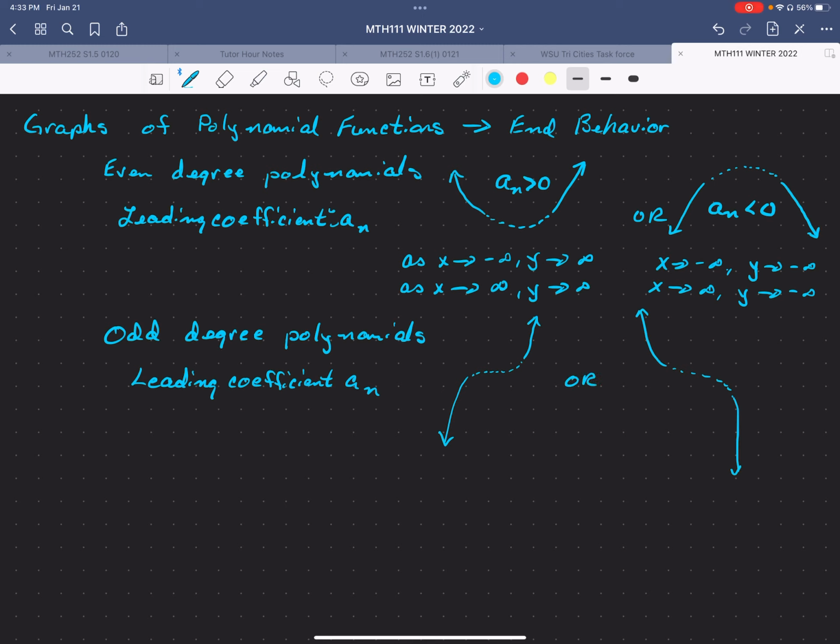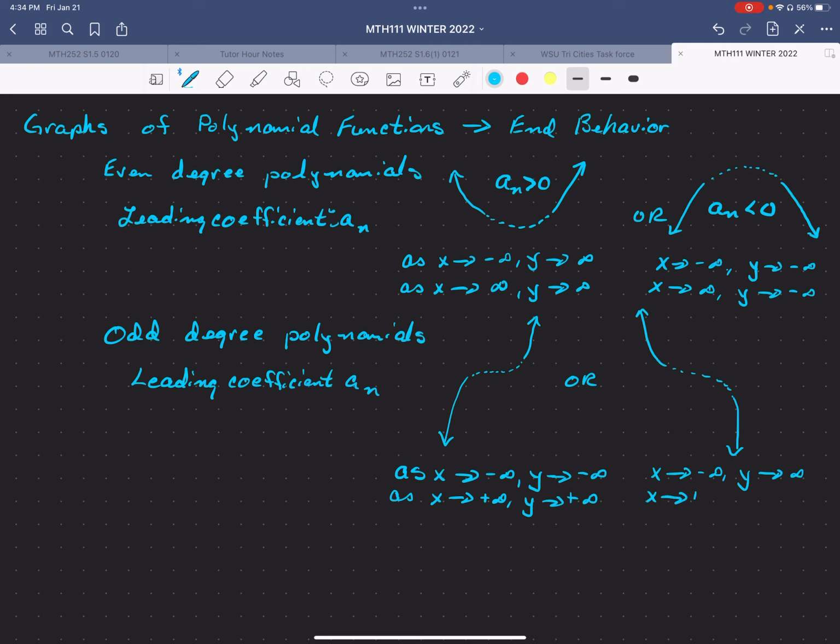Which means that as x goes to negative infinity, y goes to negative infinity. And as x goes to positive infinity, y goes to positive infinity for this first case. Or if x gets really, really big and negative in this second case, y is going to get really, really big and positive.